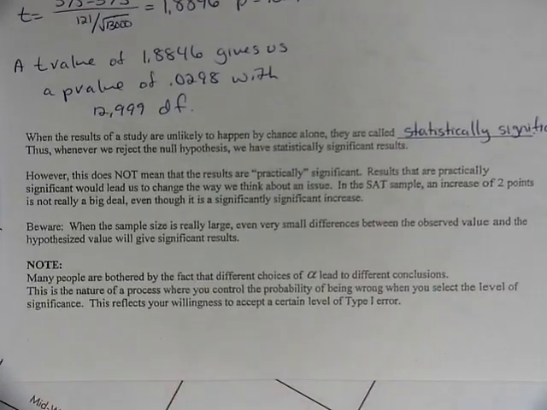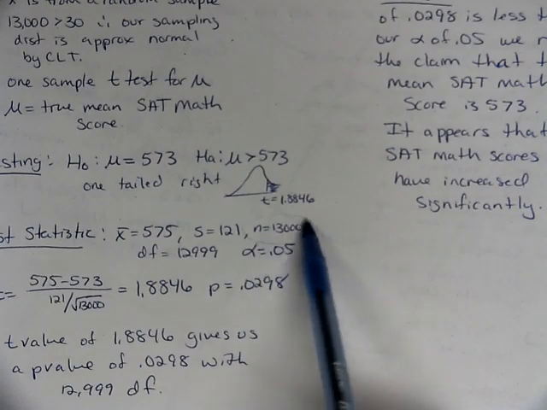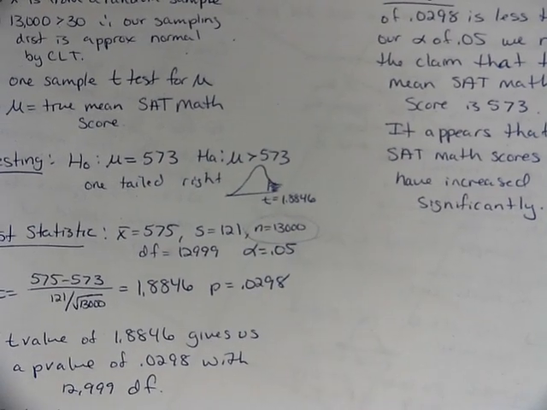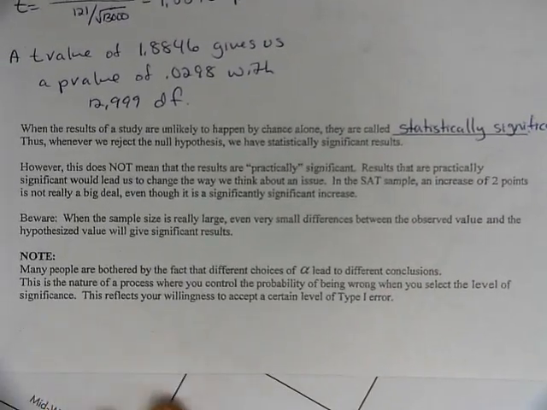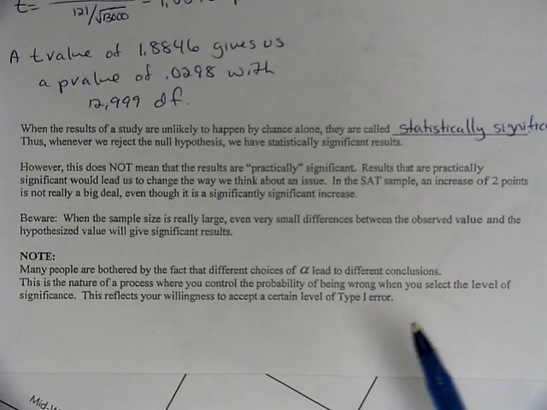When the sample size is large, even a very small difference between the observed value and the hypothesized value will give you significant results. So the fact that our sample size here was 13,000 people is really what made the difference. And then make a note here. Some people are bothered by the fact that different alpha would lead to different conclusions.